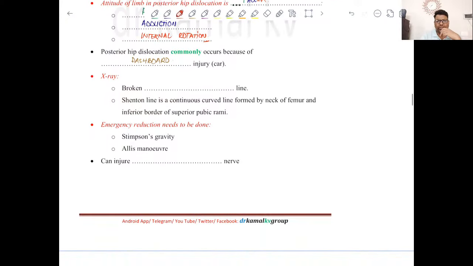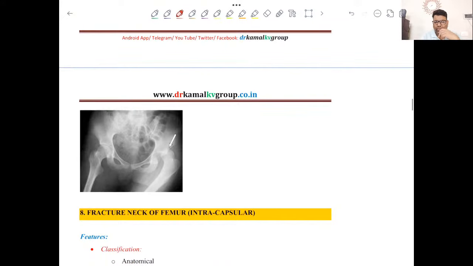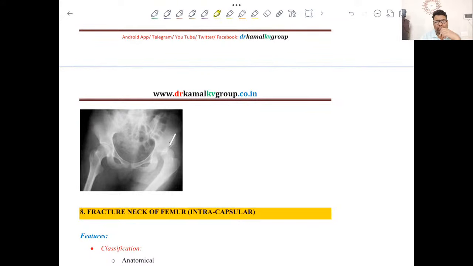One is a broken Shenton's line. Now whenever we order an X-ray, especially in case of the hip joint, we always include the uninjured or normal hip joint in the X-ray for comparison, right?